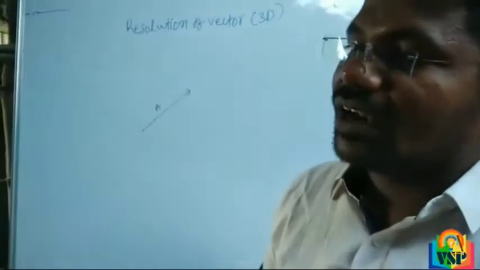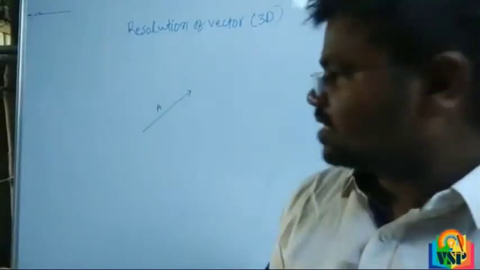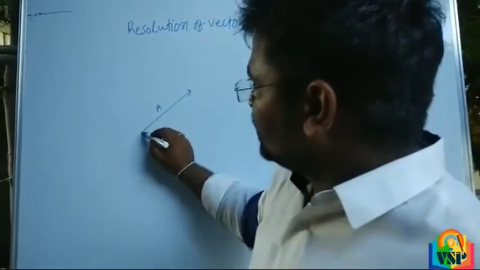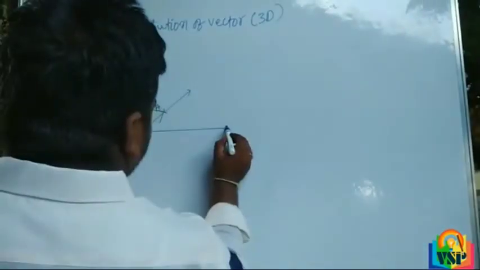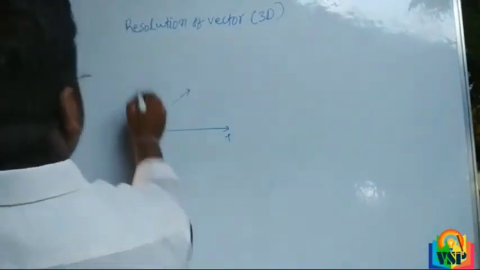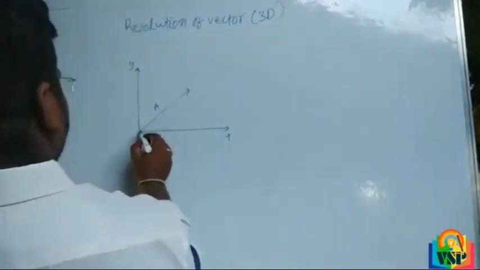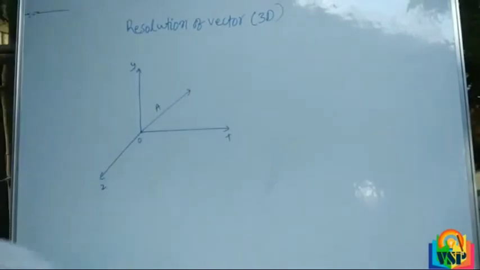Understand how we can draw the xyz axis? Here we take 0 as the origin, and draw the x axis, the y axis, and here the z axis.